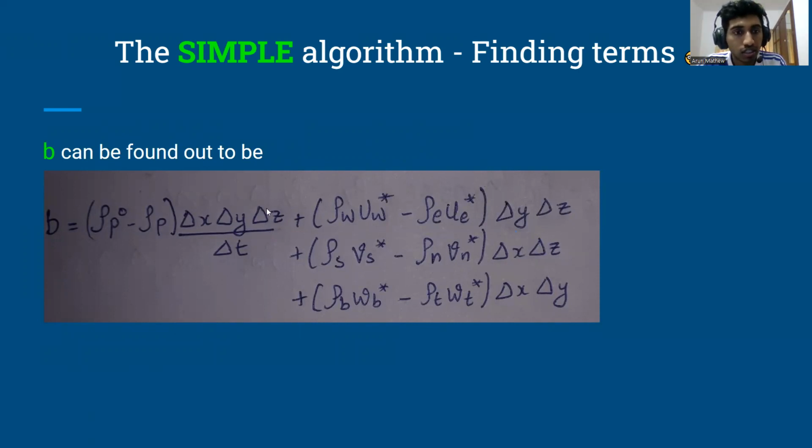And this is the rate of change of mass inside the control volume. So actually B is a measure of satisfaction of conservation of mass, which means if B equals 0, mass is conserved.